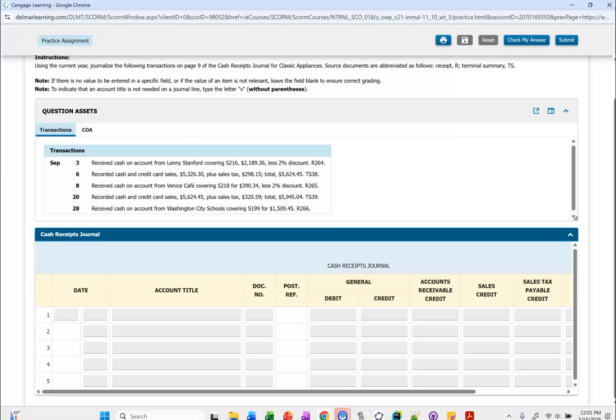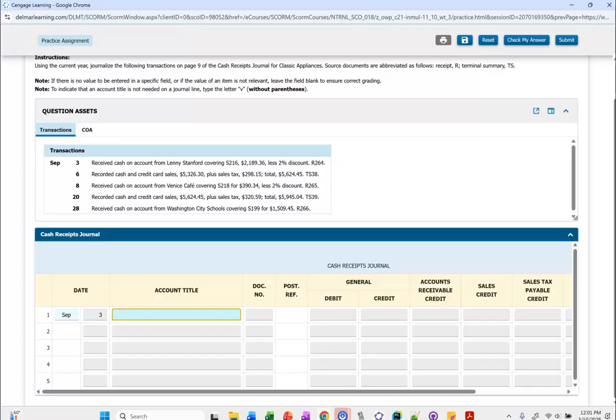All right. Here we're going to be recording transactions into our cash receipts journal. This is for the month of September. Our first transaction is on the 3rd.